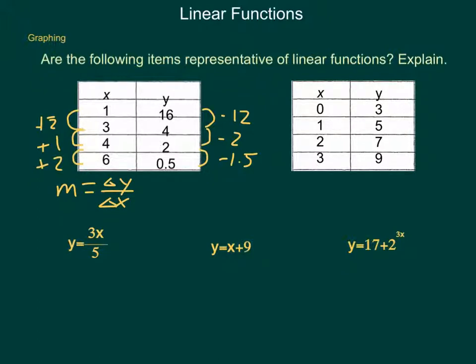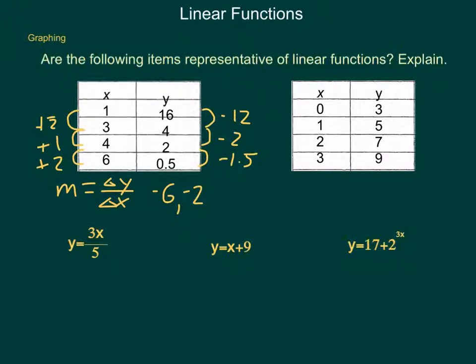So it's not so much that we have differences in our changes, it's what is the ratio of these changes. So our first one, we have negative 12 divided by 2, which is negative 6. Our next one, we have negative 2 divided by 1, and that is negative 2.